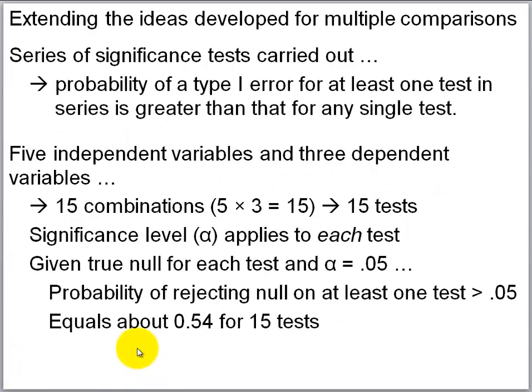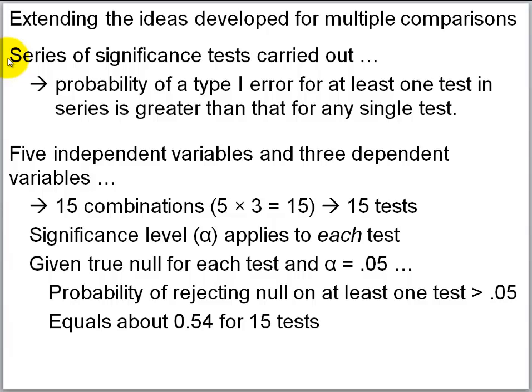Well, let's build on the ideas that we've developed for multiple comparisons, because these ideas apply to significance tests as well. So suppose that you are carrying out a series of significance tests. Suppose that you have a study and, for instance, you're carrying out 15 tests. And suppose that you set alpha to 0.05 for each one.